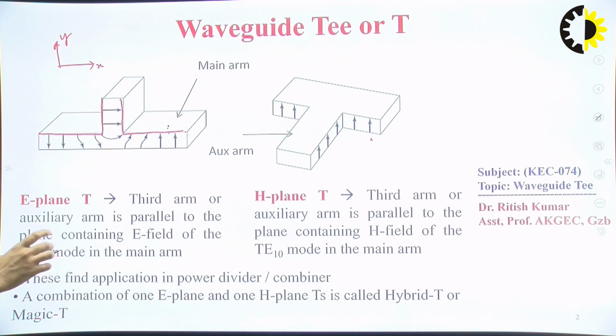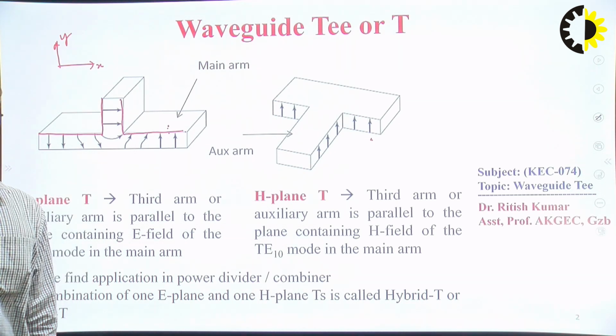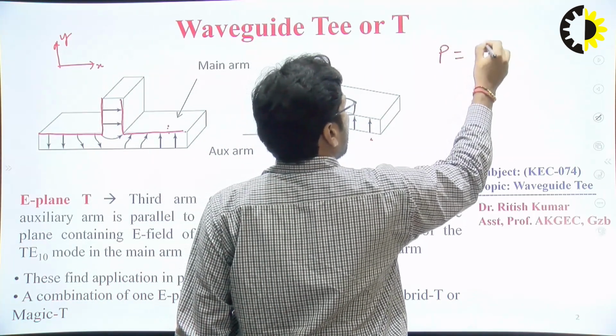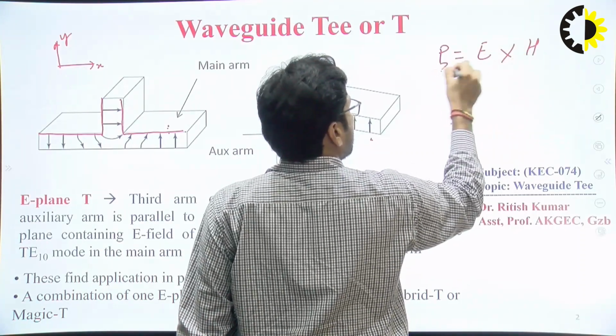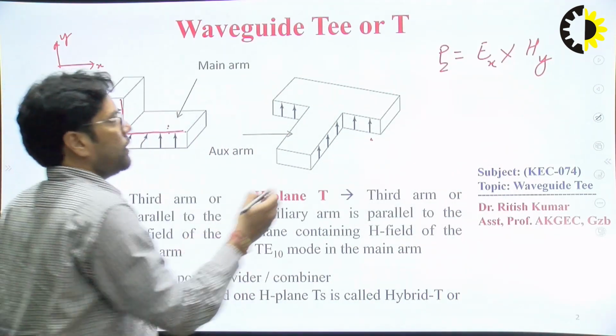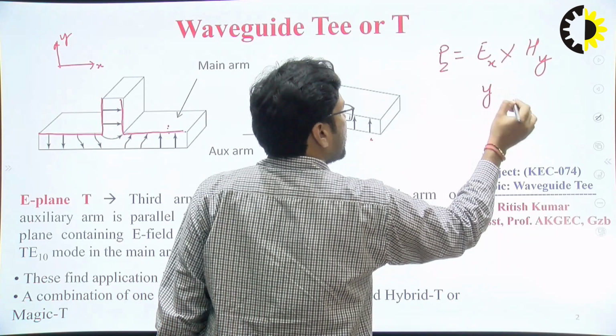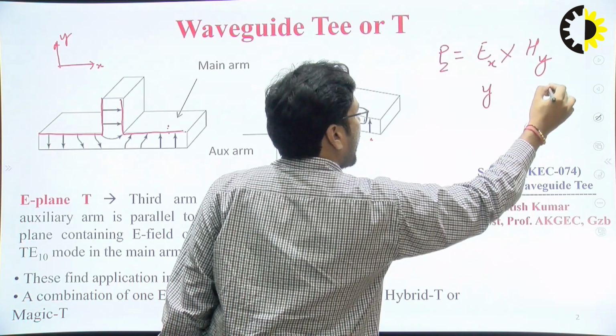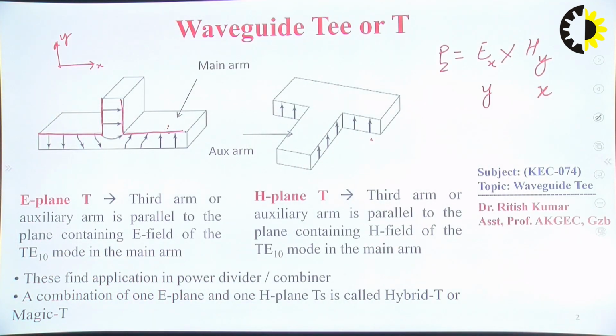Because if you look into the E plane, what is the E plane? As we know from the Poynting vector theorem, if the propagation of the wave is in the direction of z, then P equals E cross H, so Pz equals E in y cross H in x. If the electric field is in the direction of y, then the magnetic field is in the direction of x to have propagation in the z direction.